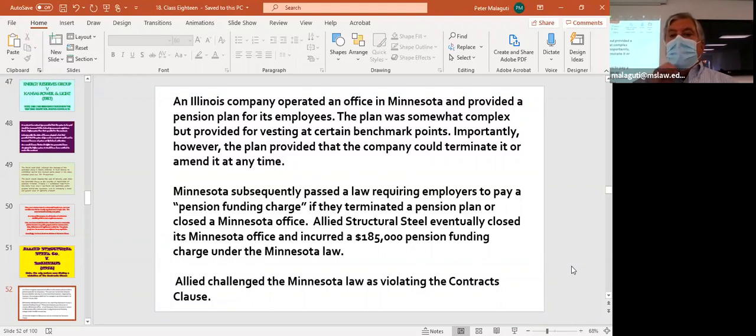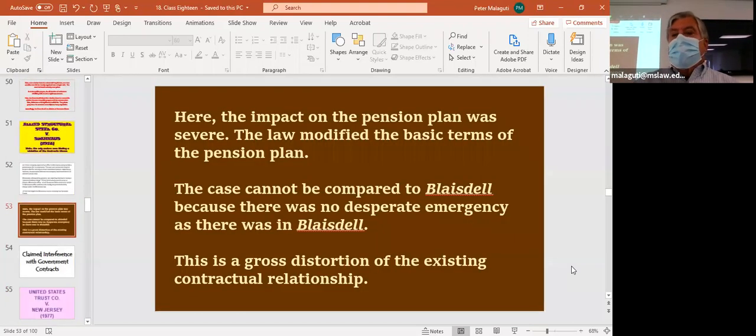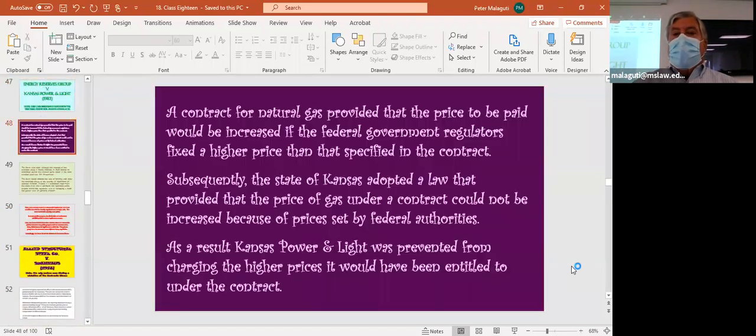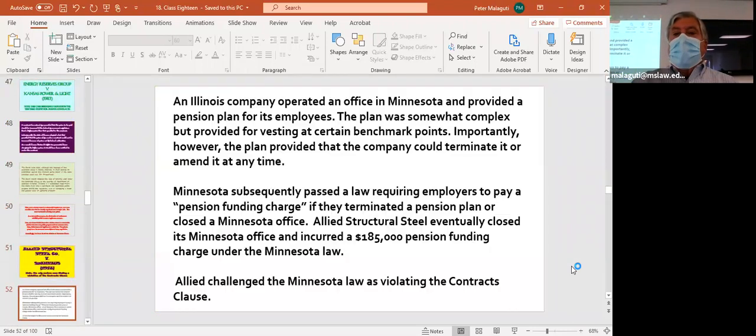So Allied Structural Steel ends up leaving Minnesota, and as it's leaving Minnesota, it cancels its pension plan, and it's charged $185,000. The court sees this quite differently than it saw the Blaisdell case and even the Kansas Power and Light case.